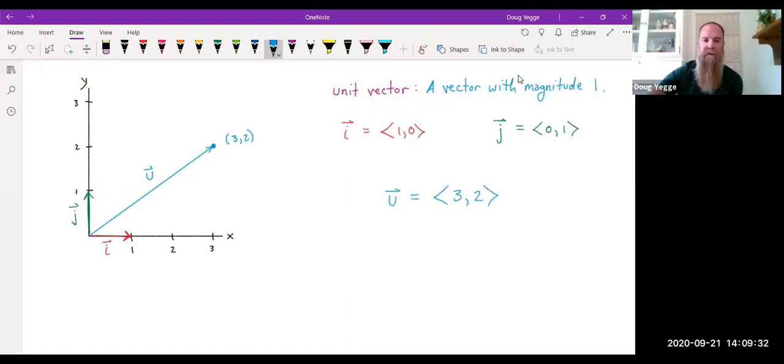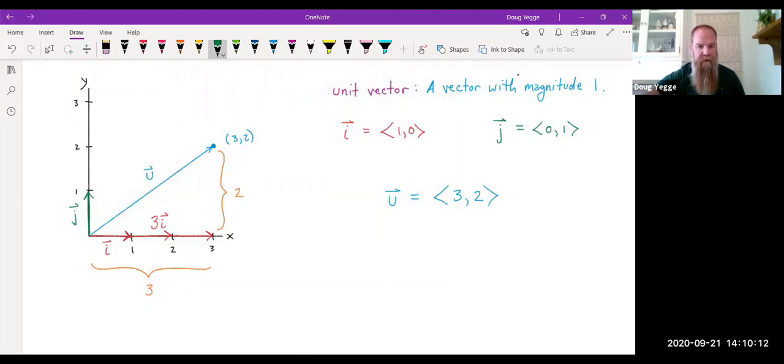But I'd like to look at this a little differently, because that would imply that this distance horizontally is 3, and this distance vertically is 2. But if we take a look at this in a little more detail, look at the fact that i is horizontal by 1 unit. So what if I were to add a second i and a third i? Then notice that distance right there is referred to as 3i, 3 of those horizontal unit vectors.